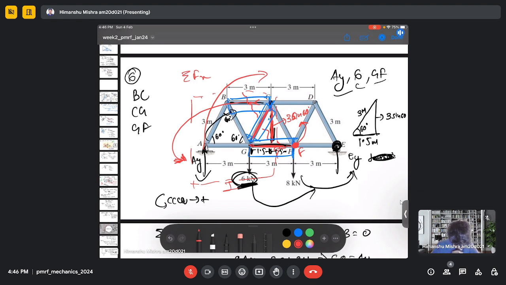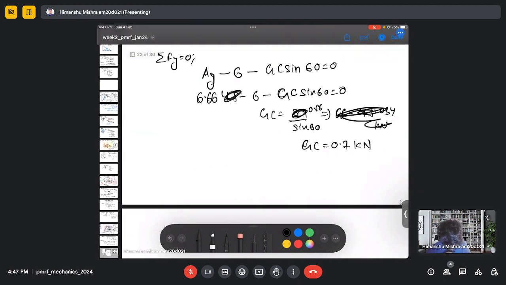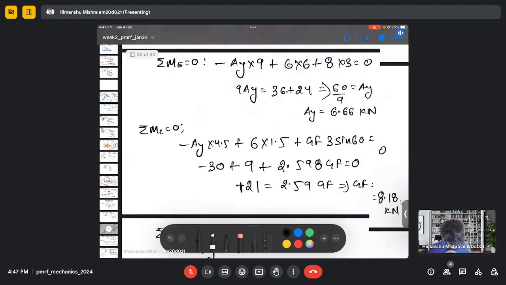And then this force CG, and the vertical component of this force CG will be going in the counterclockwise direction. So let's take the moment about point F.